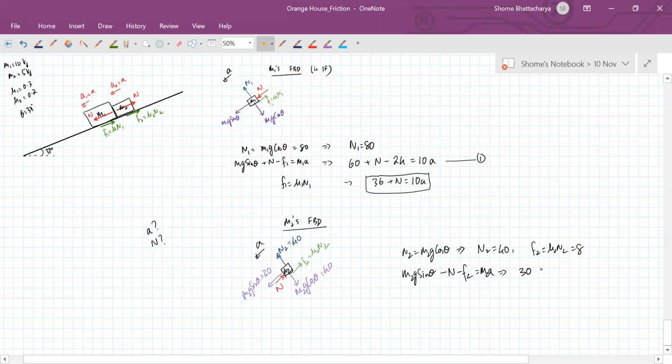So 40 minus N minus 8 is equal to 5a. So this is becoming our second equation: 32 minus N is equal to 5a. Okay. Now we can just add the two equations to get the acceleration and then substitute to get N.